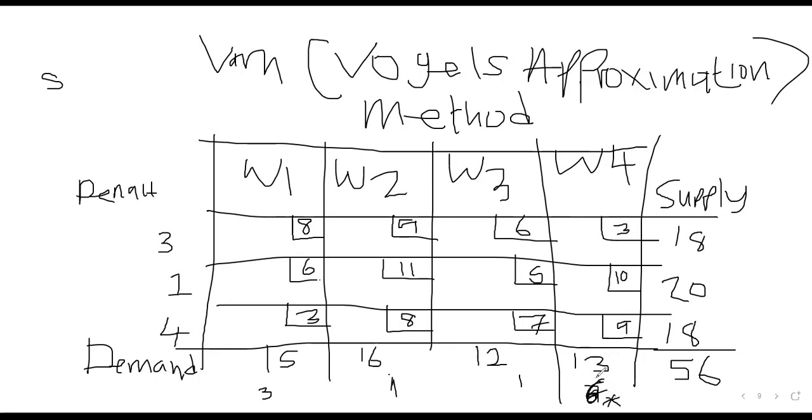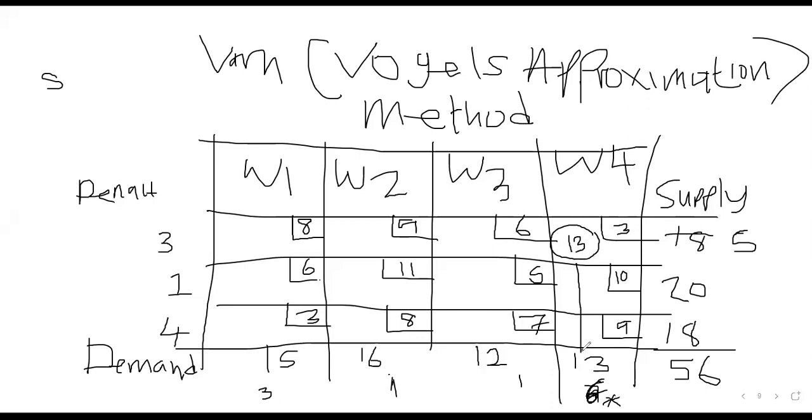You simply say that 13 should be allocated where you have the smallest cost, which is 3. The demand of 13 can be met because the supply is 18. And then we are going to remain with a 5 here. So this one goes.